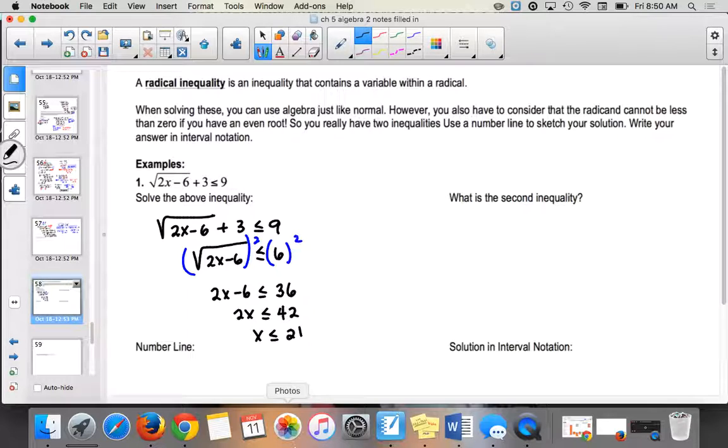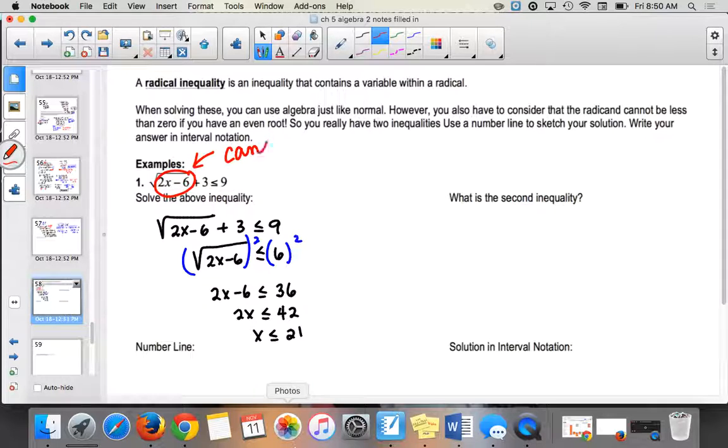But that is not the only solution. Okay. So I subtracted the 3 over, I squared both sides, added the 6 over, and divided by 2. All right, so what is the second inequality? The second inequality has to do with this part right here, the 2x minus 6.